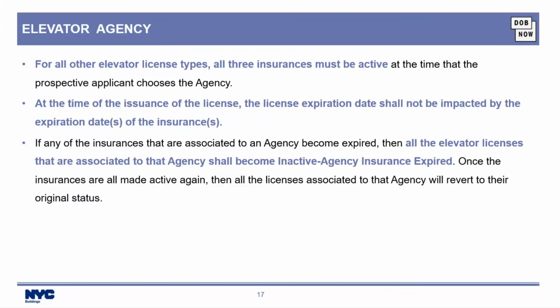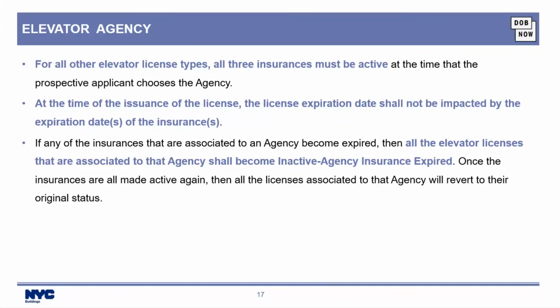So, for example, if I'm joining as a technician an agency that has all 3 insurances, technician licenses are good for 2 years. And that's going to apply no matter what the expiration date is for the insurance. It doesn't matter if the insurance expires a week from now or a year from now. So long as it's active, my license will be good for 2 years.